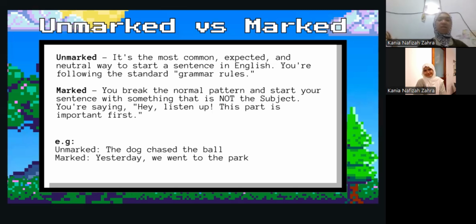It's unmarked, just a normal sentence. Meanwhile, marked, we put the subject elsewhere. So, for example, yesterday you went to the park. It's a marked sentence. So the subject is not always at the front. It can be second or anywhere.